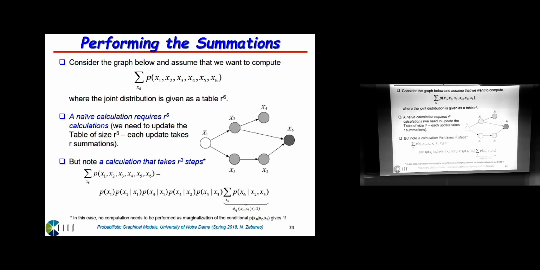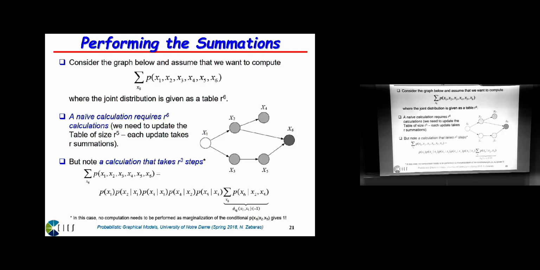So let's discuss this with an algorithm. We have a directed graph. Let's say we want to do marginalization on node x6.